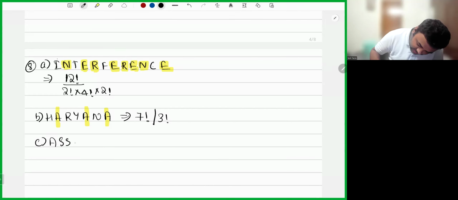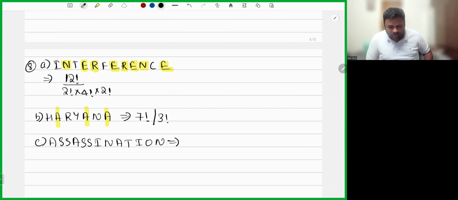Assassination. You need not type the factorial. The factorial option is there, but you can type factorial also. Assassination.